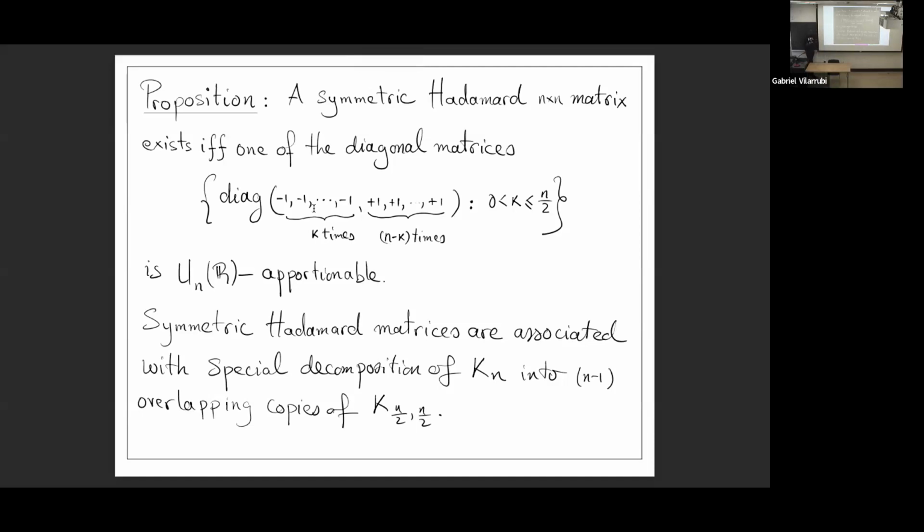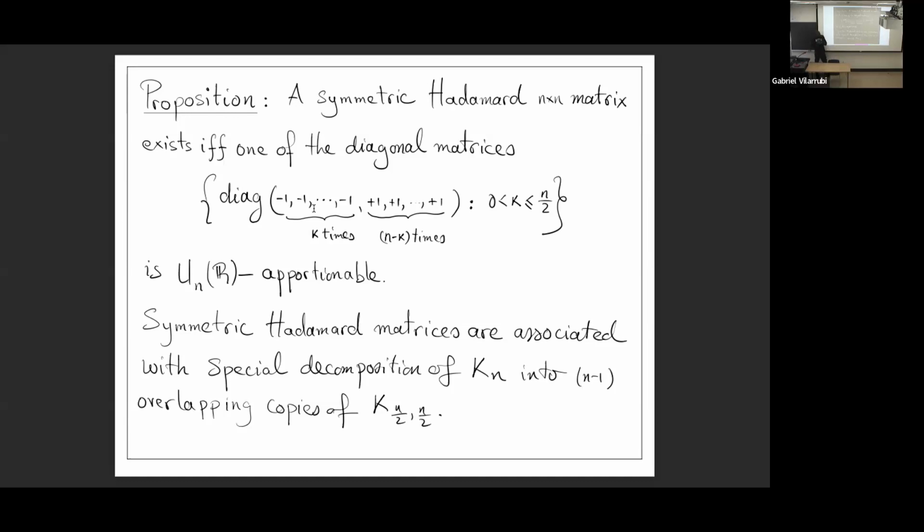So if you want to know whether a Hadamard matrix exists, all you have to ask is whether one of these diagonal matrices, where you first put -1s for a certain k, and then you follow by +1s, is apportionable using a real orthogonal matrix. If the answer is yes, a Hadamard matrix exists.